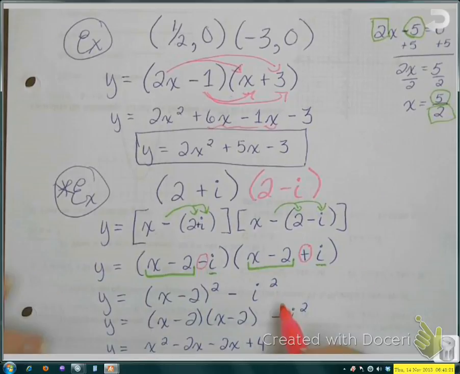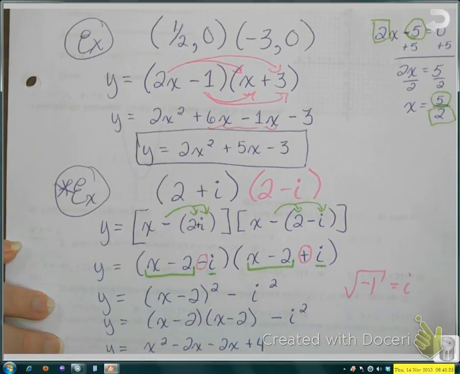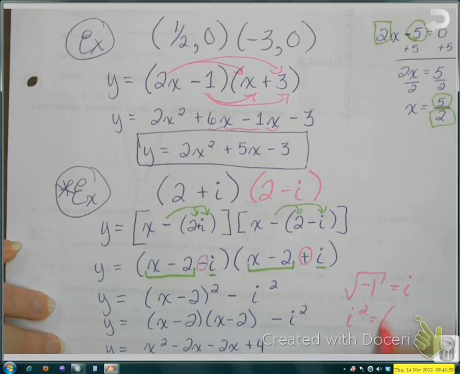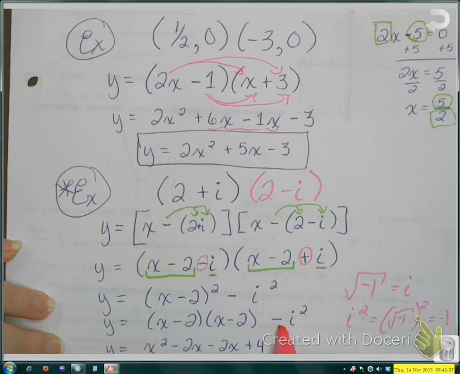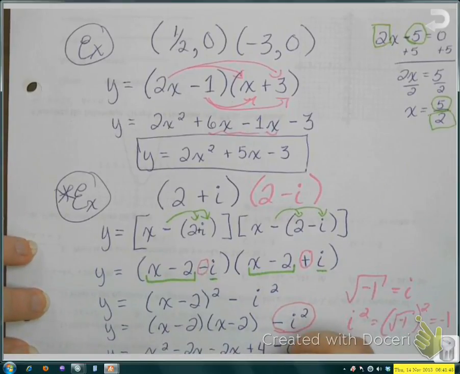Did you know that the square root of negative 1 equals i? So i squared is the square root of negative 1, squared, which is simply negative 1. So this becomes negative 1, and you're going to have minus a negative 1.